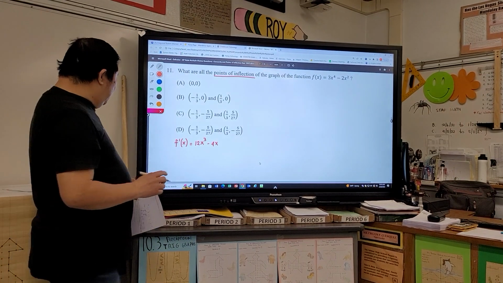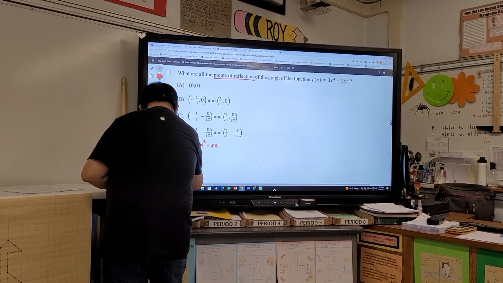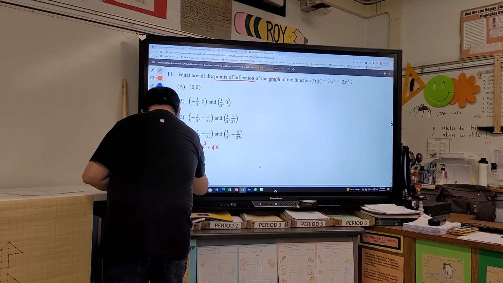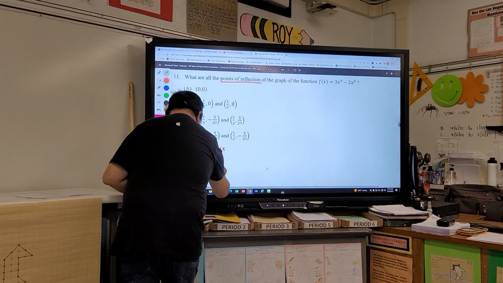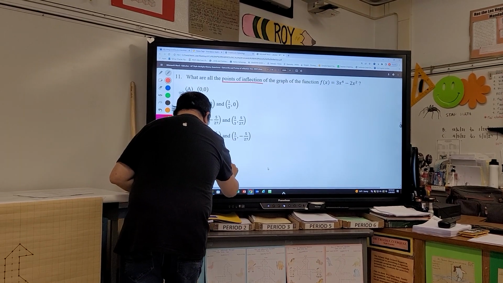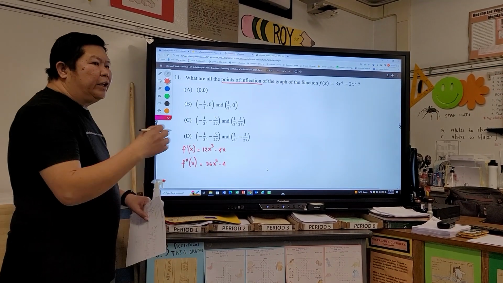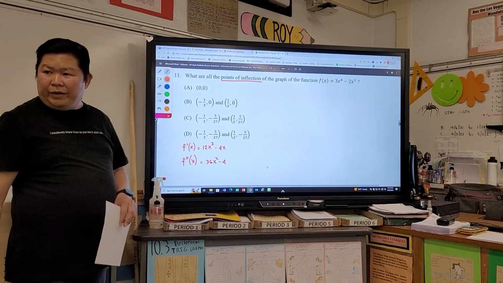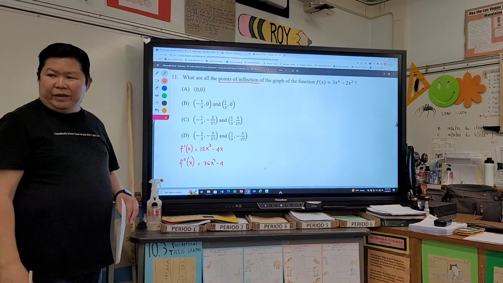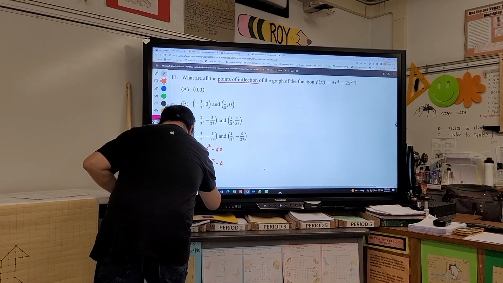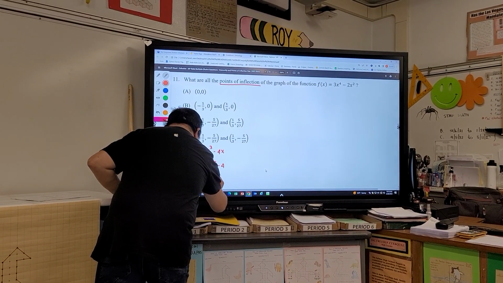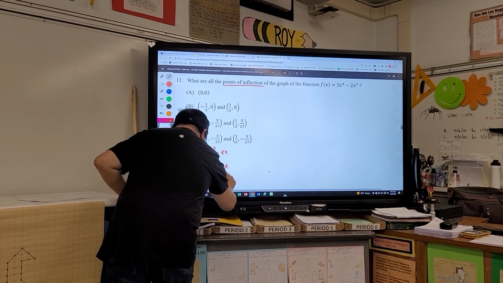So we have the second derivative equal to 36x squared minus 4. And then you're gonna equate it to 0, right? So equating this to 0, that means 0 is equal to 36x squared minus 4.